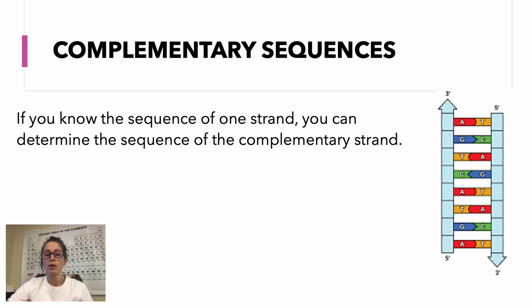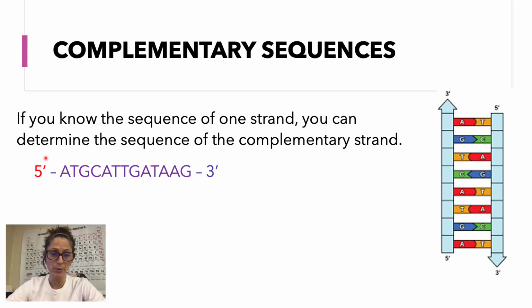Since we know that A's pair with T's and G's pair with C's, if you are given one sequence of DNA, you could provide the complementary sequence strand. So for example, we have our 5' end and our 3' end of a given sequence, and you would be able to provide its complementary strand.